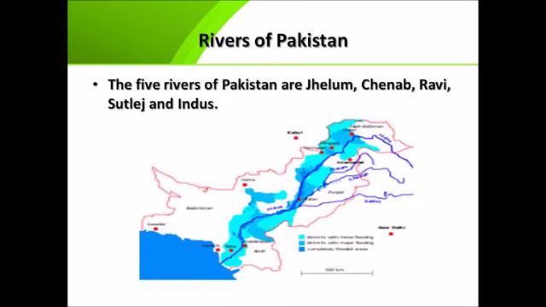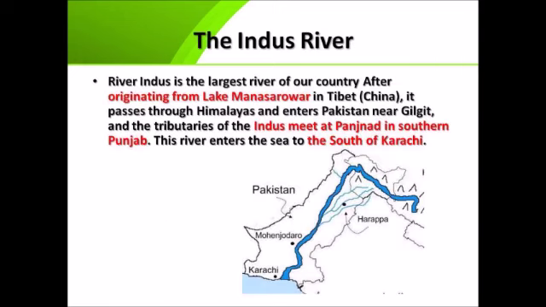Rivers of Pakistan. The five rivers of Pakistan are Jhelum, Chenab, Ravi, Satluj, and Indus. The Indus River. River Indus is the largest river of our country.